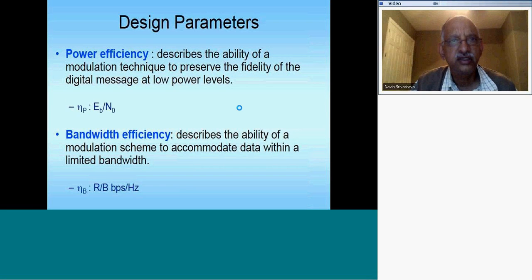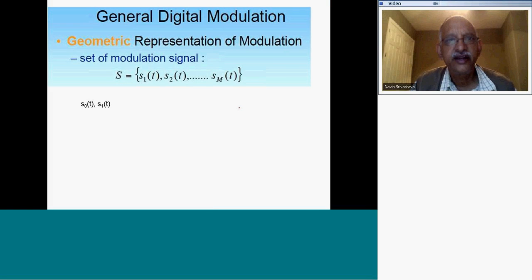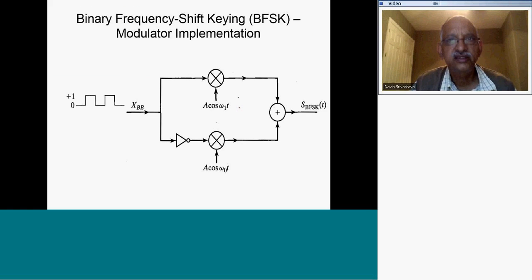Then this is our famous channel capacity formula, and this is how we generally represent the digital modulation. All these you must have done. Basically the BFSK type of modulator implementation. That means if this is your digital input, then how it is modulated through binary frequency shift keying.